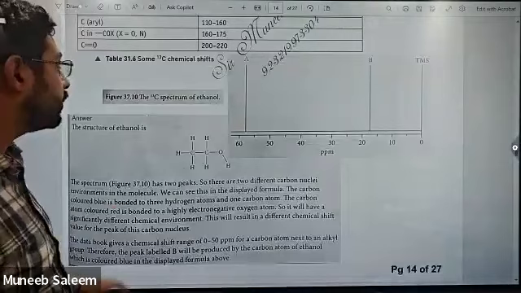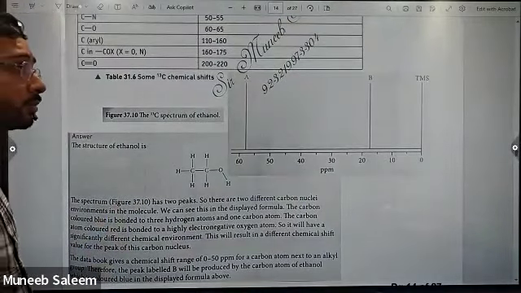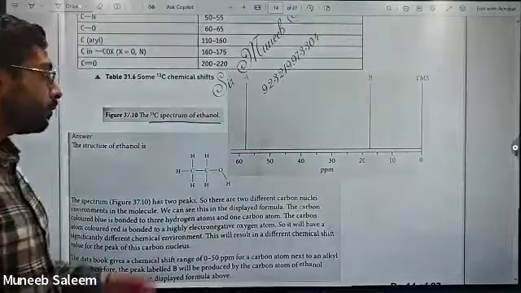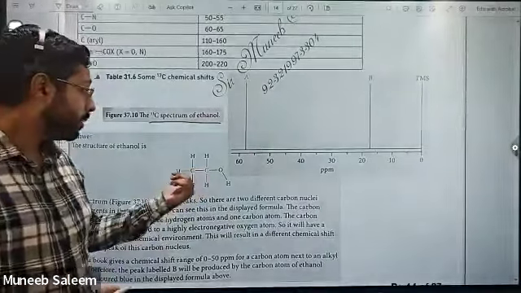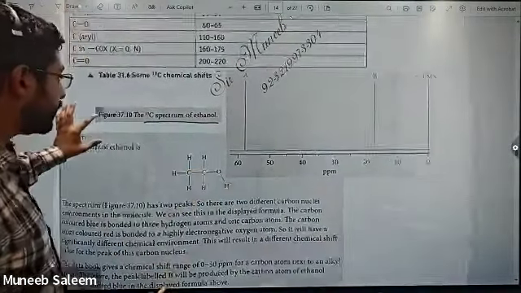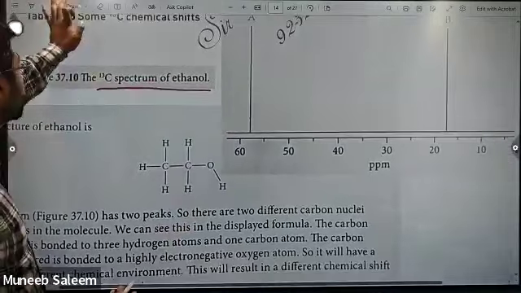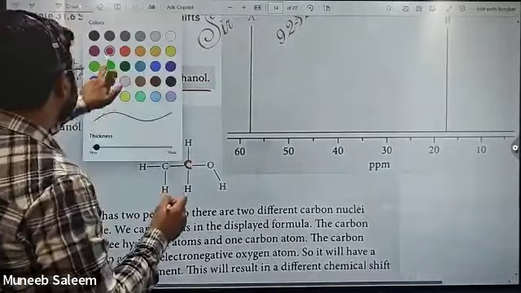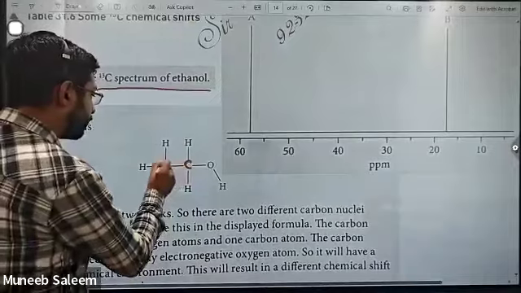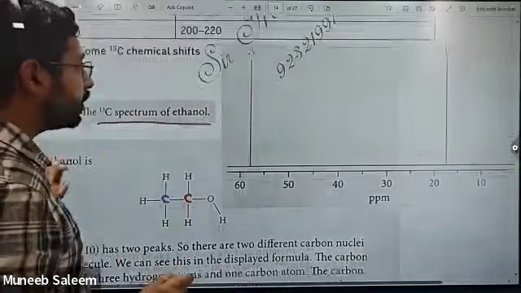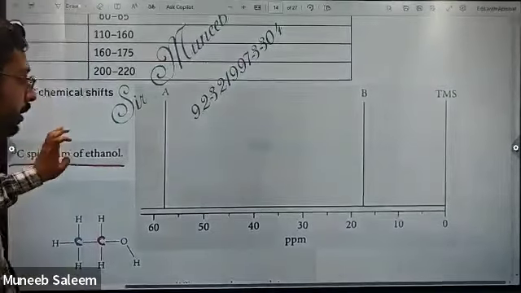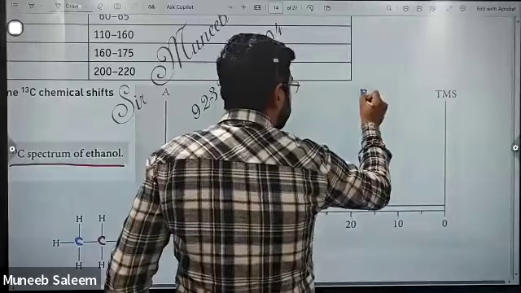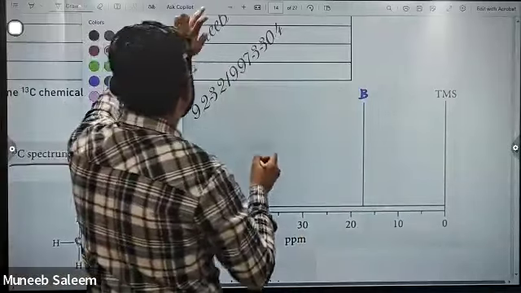So here's one such example which we're going to discuss. We have the carbon-13 spectrum of ethanol. For this purpose you should draw the displayed formula. This is the displayed formula, and we have two carbon atoms in this ethanol. One carbon is colored red and the other carbon is colored blue. In the same way, the NMR spectrum of this ethanol is given here. Now this A and B: B is colored blue and A is colored red.